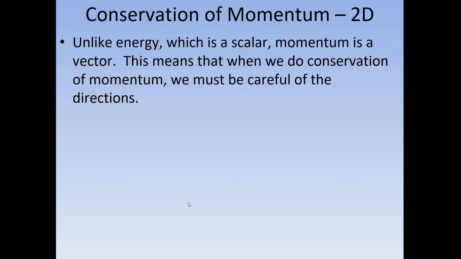As long as we made sure that all our energy values were accounted for, it didn't matter whether I was going left or right or up or down. Energy basically turned into other energy, but momentum is a vector. So direction does play a part, and we have to make sure that we incorporate that.